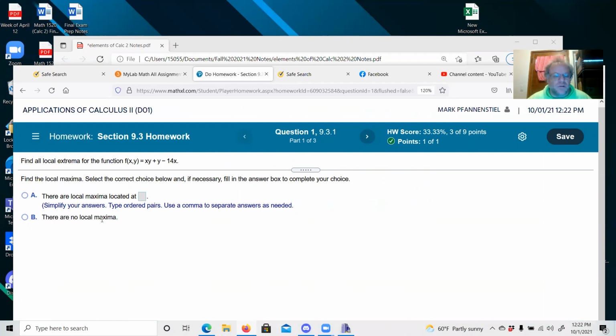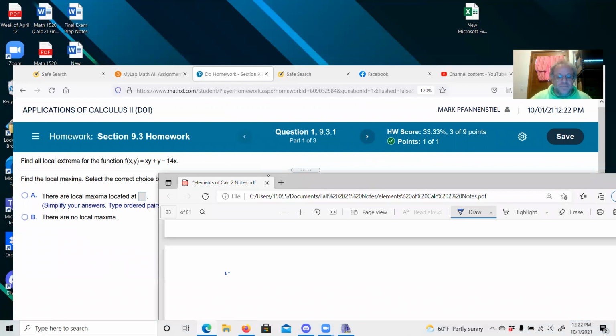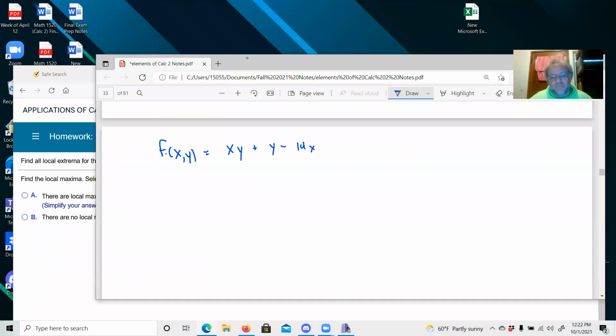Problem number 1. They start off with a kind of a nice function. We have f of x, y is equal to xy plus y minus 14x. So what did we say to do? We have to find minimums and maximums.